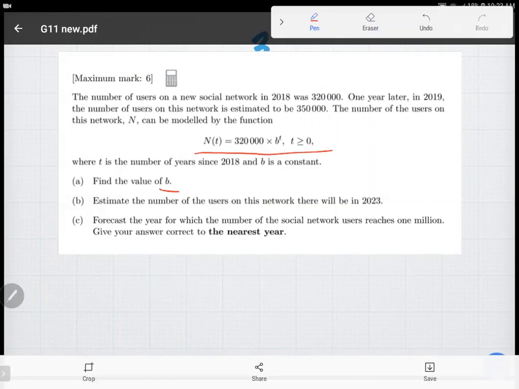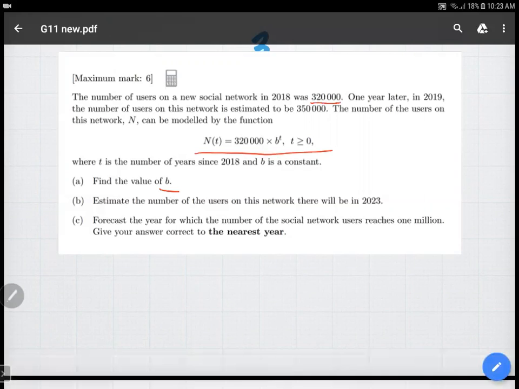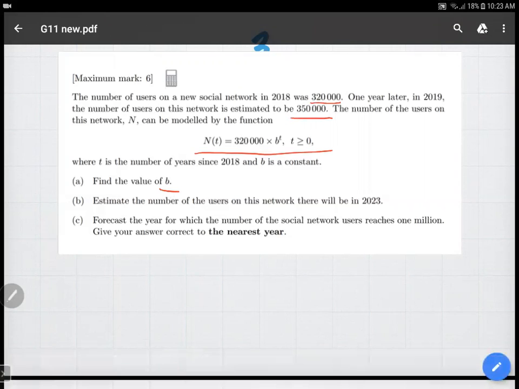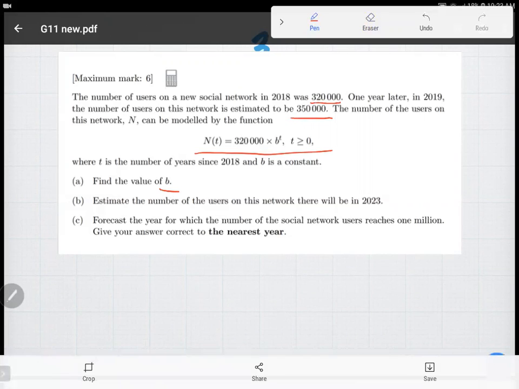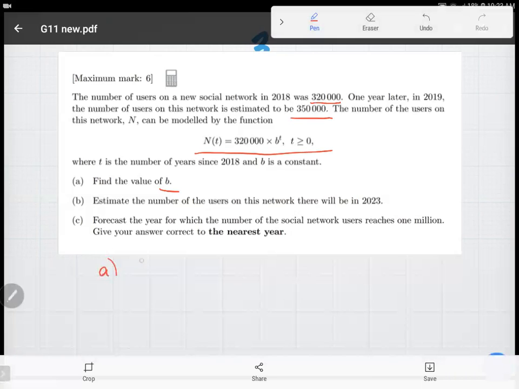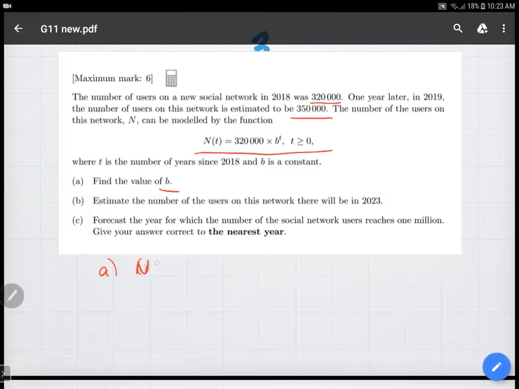So if you look at the question carefully, in 2018, there were 320,000 people. But 1 year later, this number became 350,000. So we will put those numbers into our equation and we will get b. Okay, so part A. 1 year later, it will be N of 1 is equal to 320,000 times b.